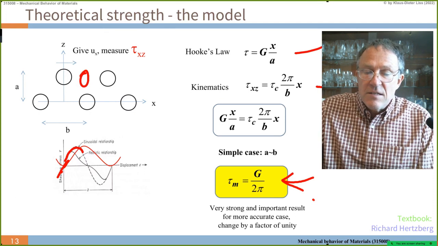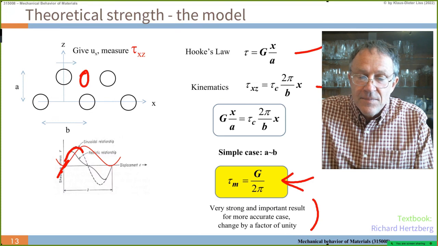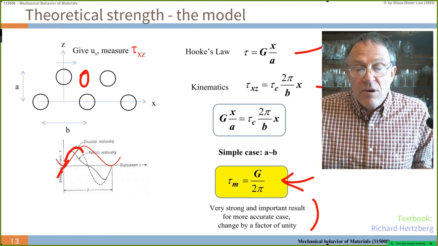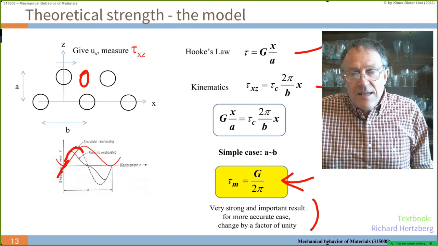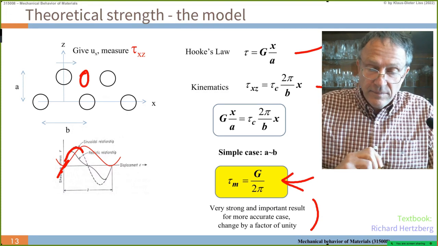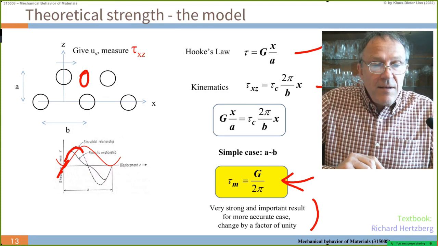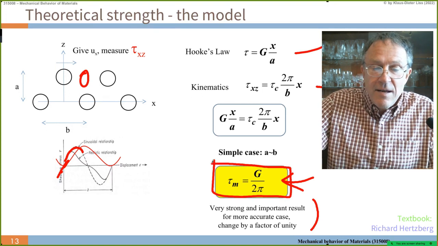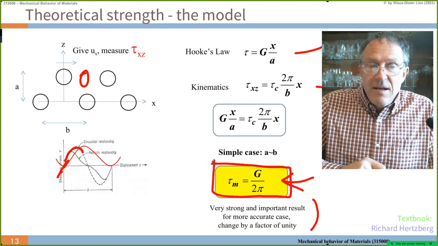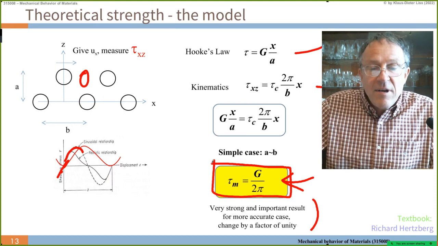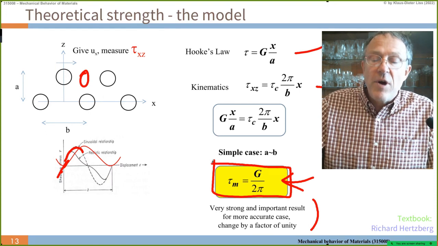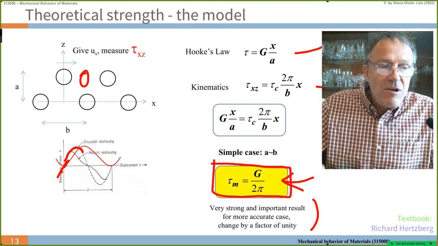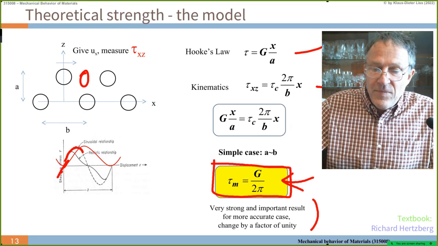So this is a very important result, and it's a strong theoretical result because you will see the implications. The derivation of this formula, the yellow underlined formula, was very brief and rough. You can do it more accurately by putting atomic potentials in, by putting computer modeling on, and so on.